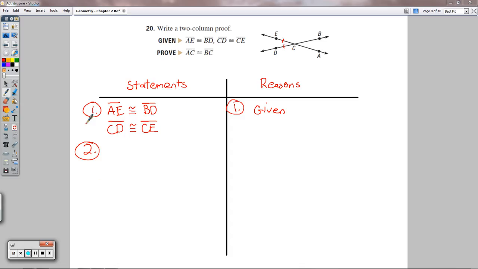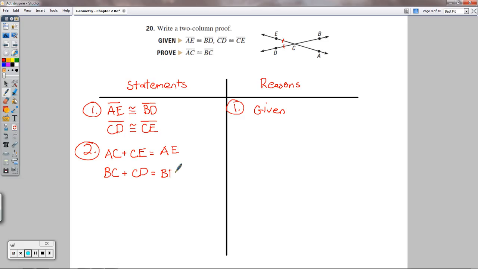So the segment addition postulate tells me that both of these statements are true. That AC plus CE is equal to AE. And it also tells me that BC plus CD equals BD.